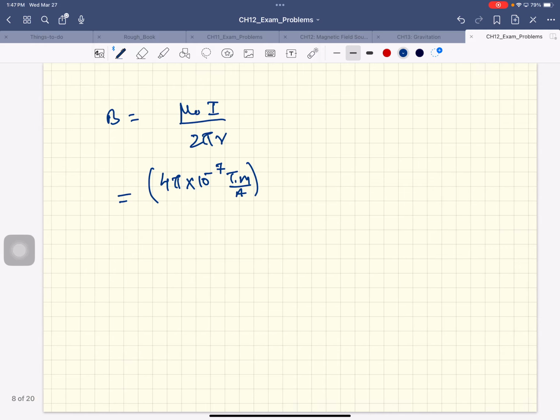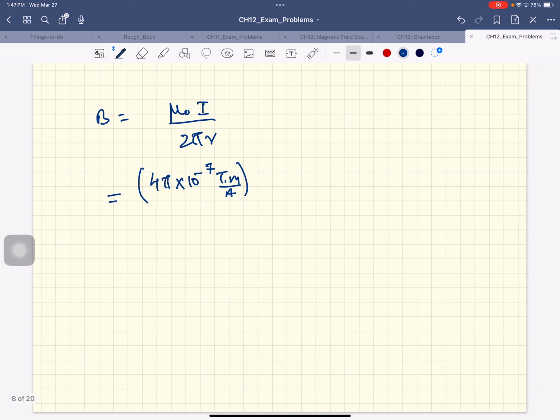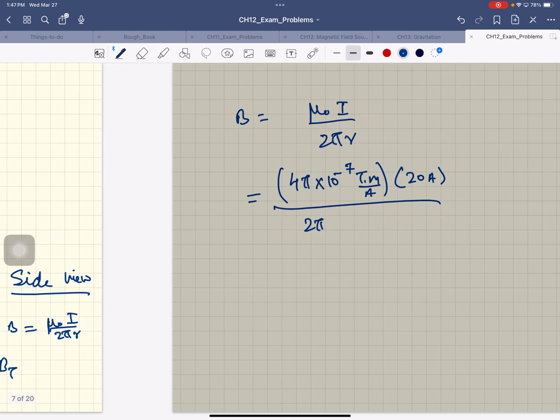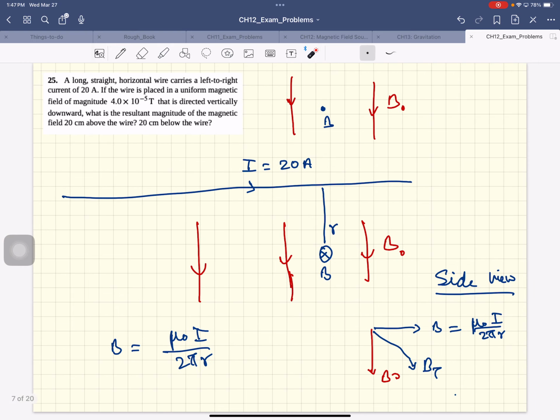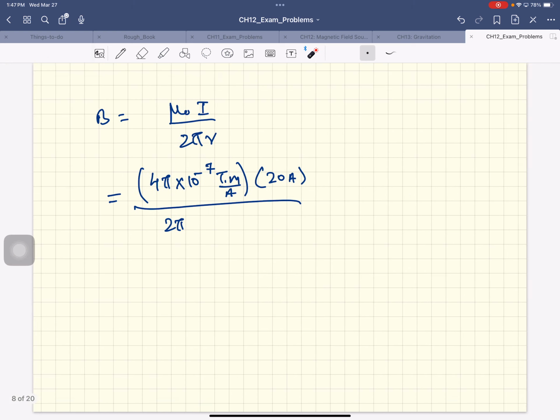I, the current, is what? 20 amps. 2 pi, and R, we are calculating the field how far away? 20 centimeters below.